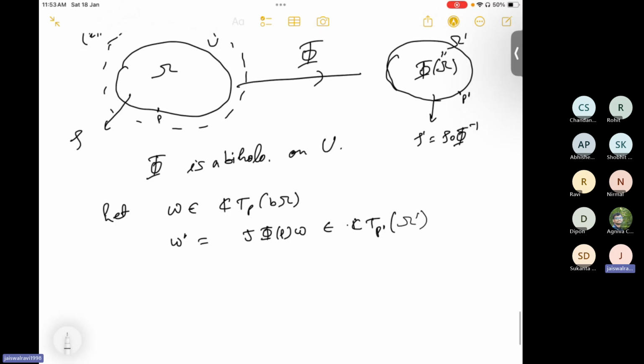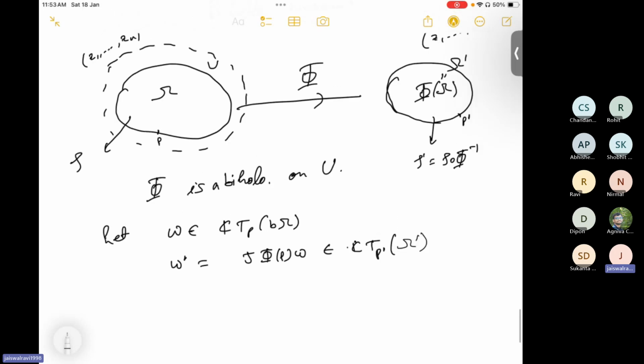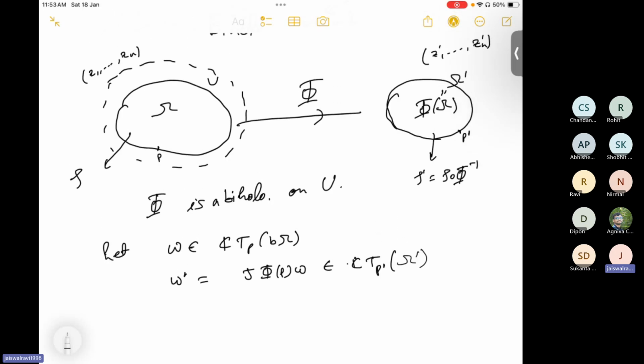Now here you know the relation between rho prime and rho, so I will not do the calculation.